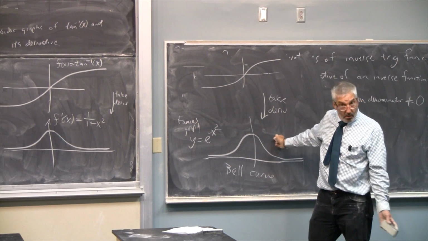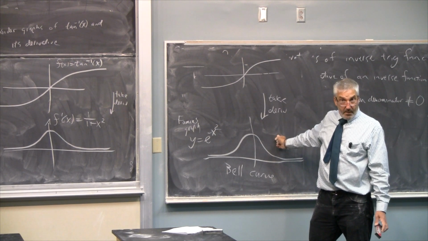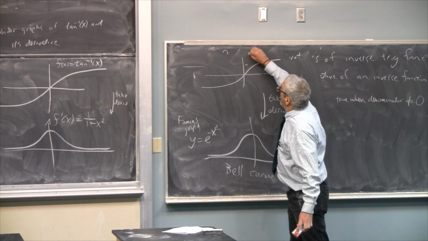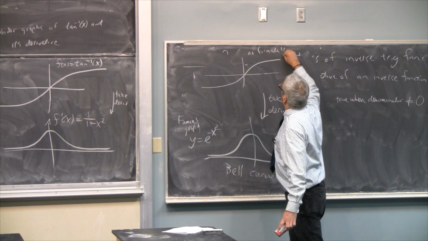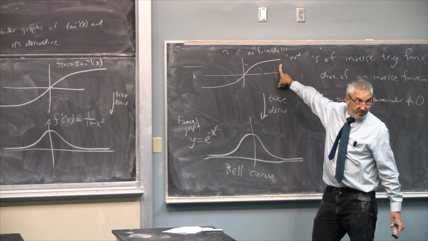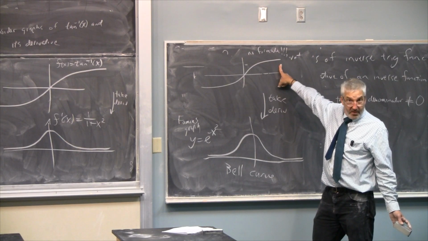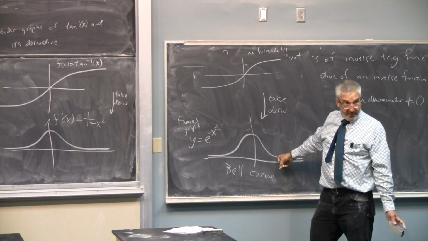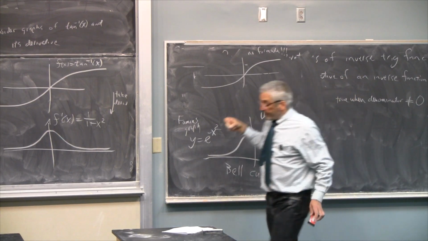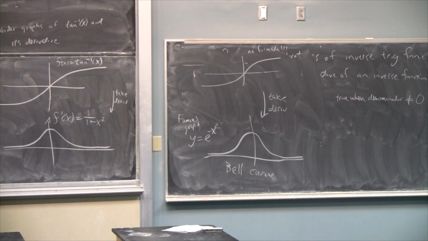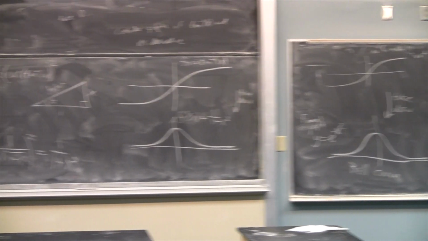It shows up in all the sciences. But the thing is, there's no formula for this graph. It's a really famous thing. That there's a formula for this, but there's no formula for this. We'll learn about this later in the course. So this is going to come back. All right, I have like a minute left.